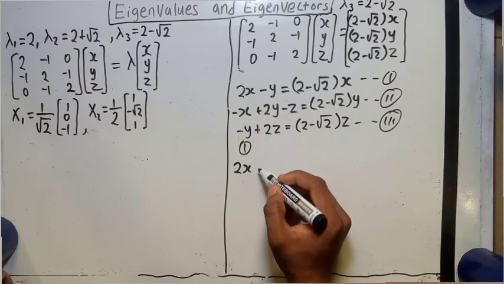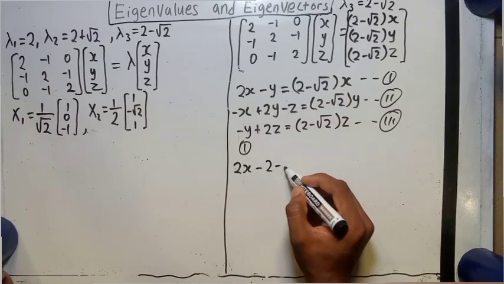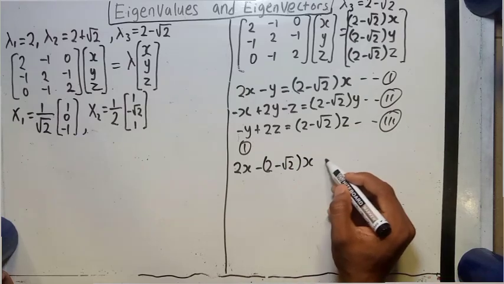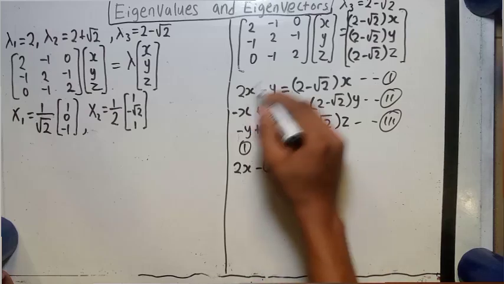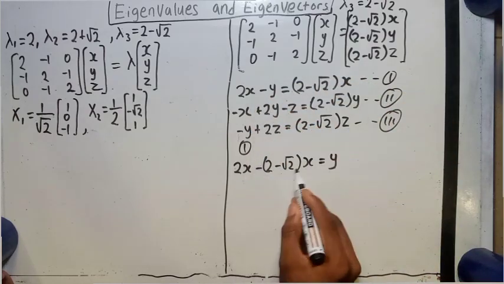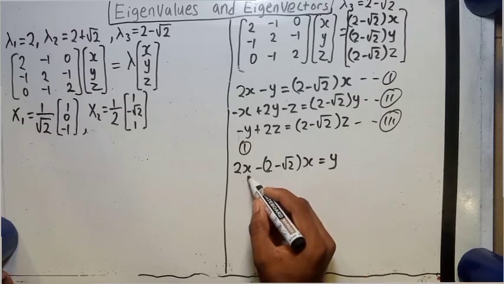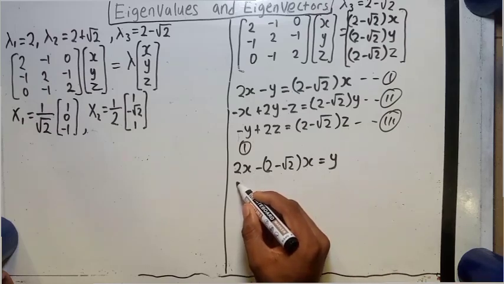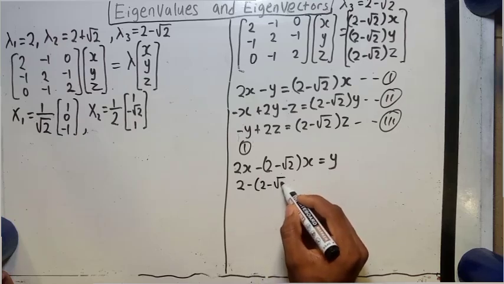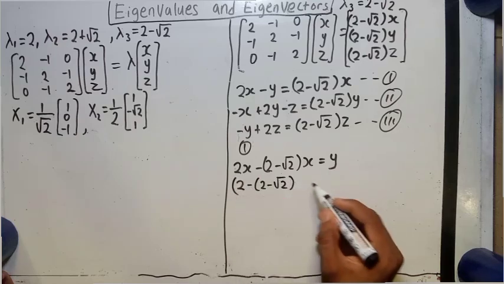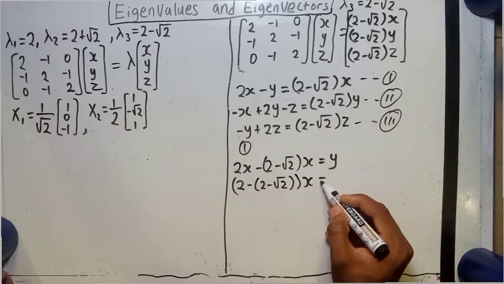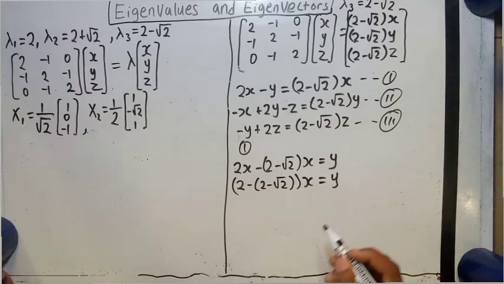2x, this guy coming over, minus 2 minus root 2x is equal to what? y. Understand? Now, the like terms, you can just factor out your x, and you're left with 2 minus root 2, x is equal to what? y.